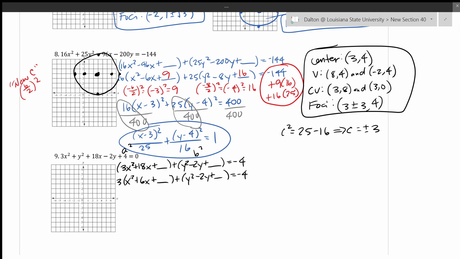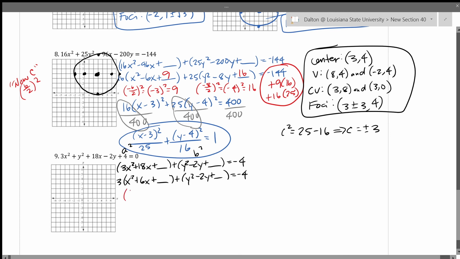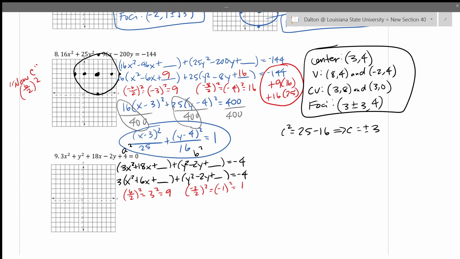So it's at this point we can go ahead and find our new c's. For the x's, it'll be 6 over 2 squared, which will be 3 squared, which is 9. For the y's, it'll be negative 2 over 2 squared, which will be negative 1 squared, which is 1. So remember, this is the main difference between this and circles.